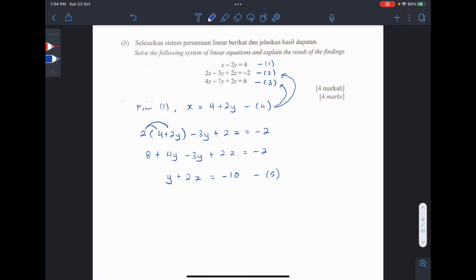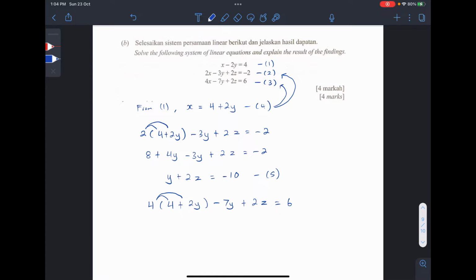Next one. For x, I'm substituting x, which is 4 plus 2y, minus 7y plus 2z equals 6. Again, multiply both on the inside.